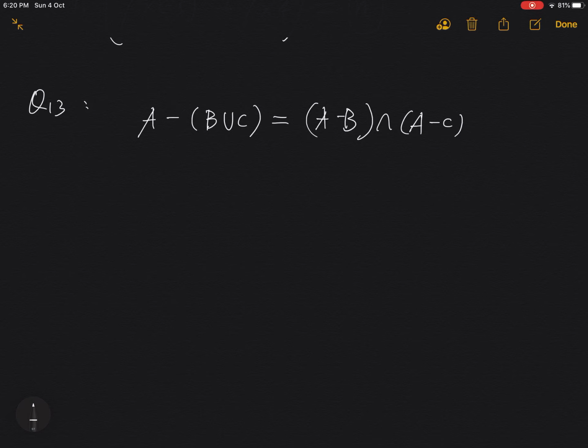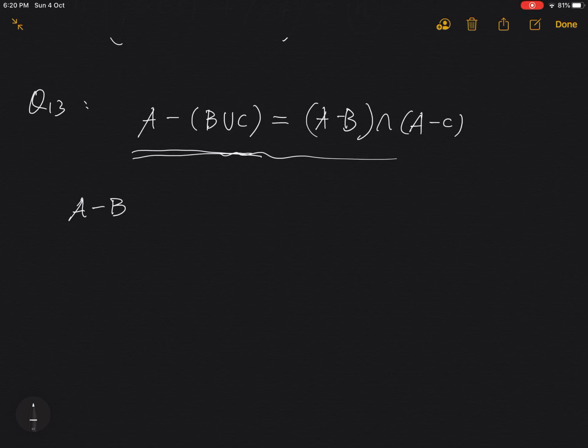For question 3, we need to prove this set equality. So it's related to the set difference, and we need to recall the definition.